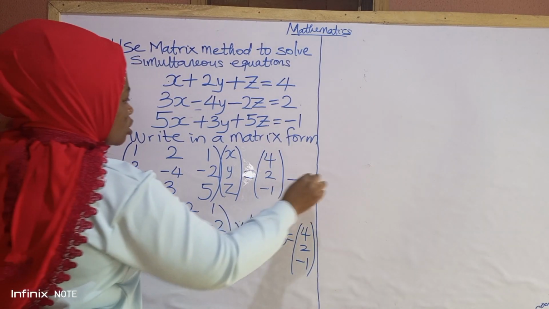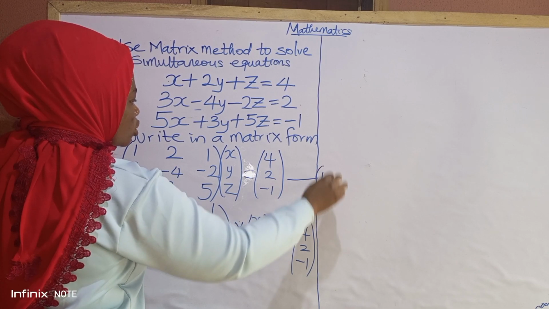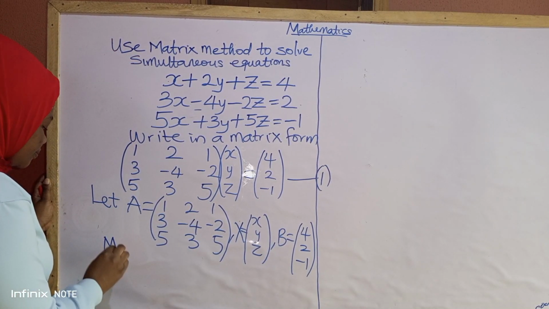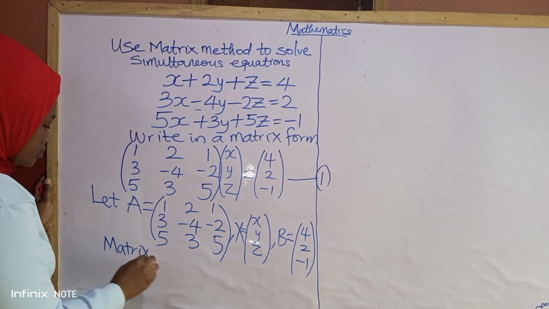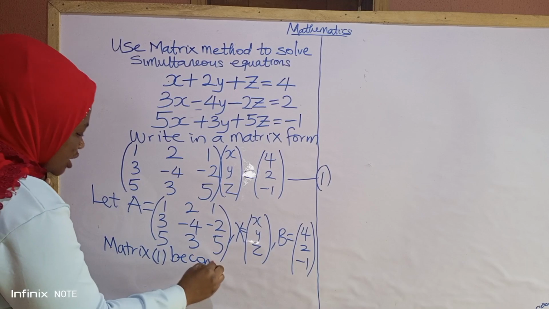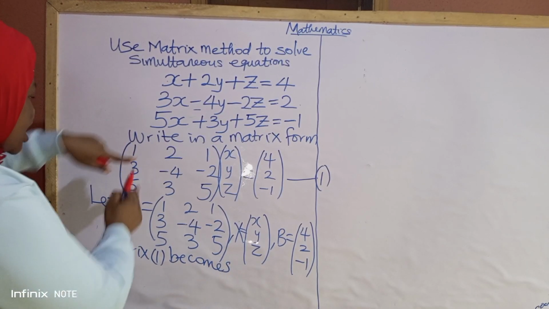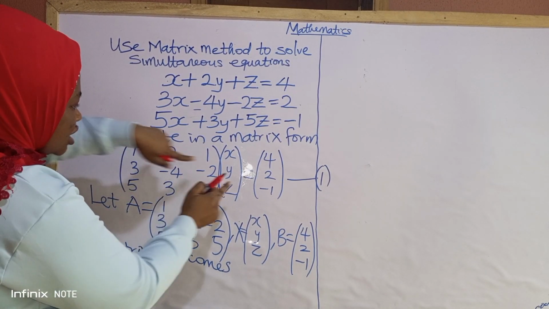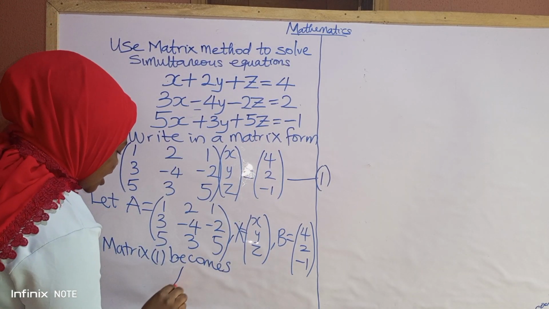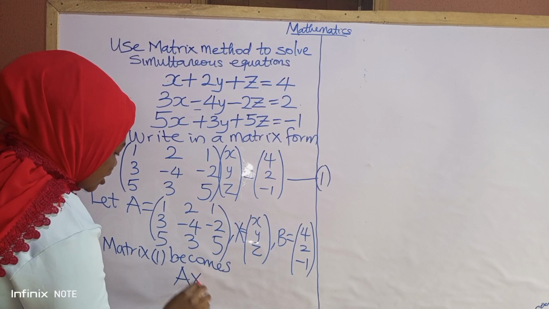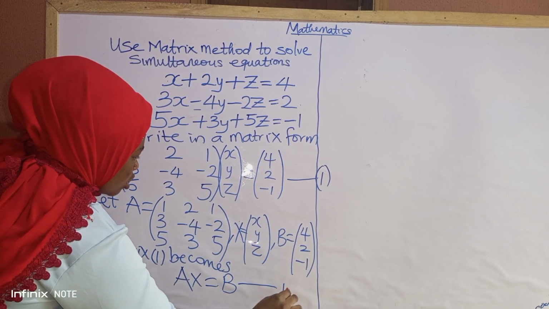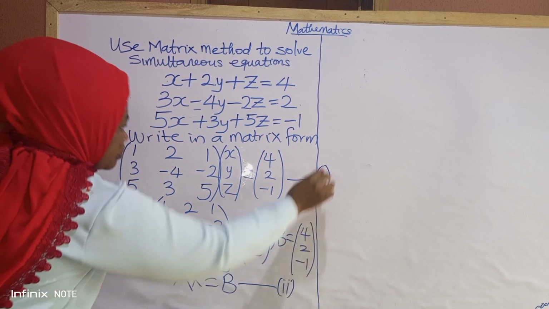So let's name this one equation 1. It means that our matrix becomes, let's check together, it becomes what? You can see that this one has become A, this is our X, and this is our B. So we can easily say that this is AX is equal to B. Name that one equation 2.